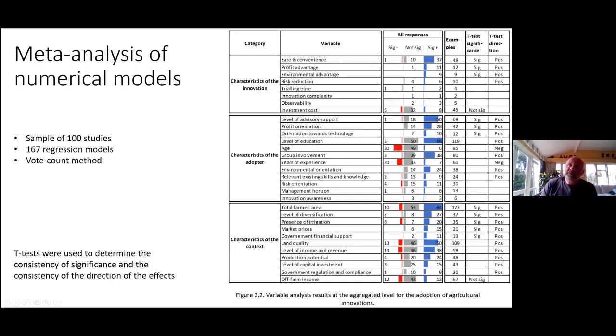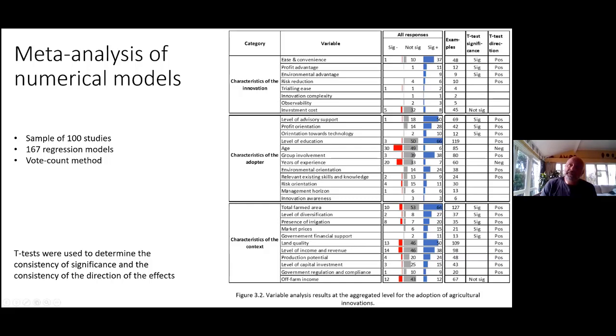In 37 cases, it found a statistically significant positive influence of convenience on adoption. In 10 of those examples it was not significant, and in one example it was significant, but with a negative effect.